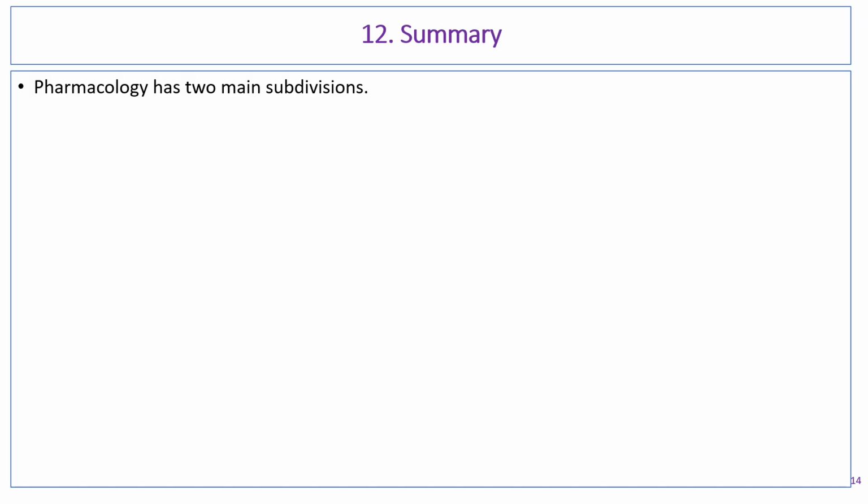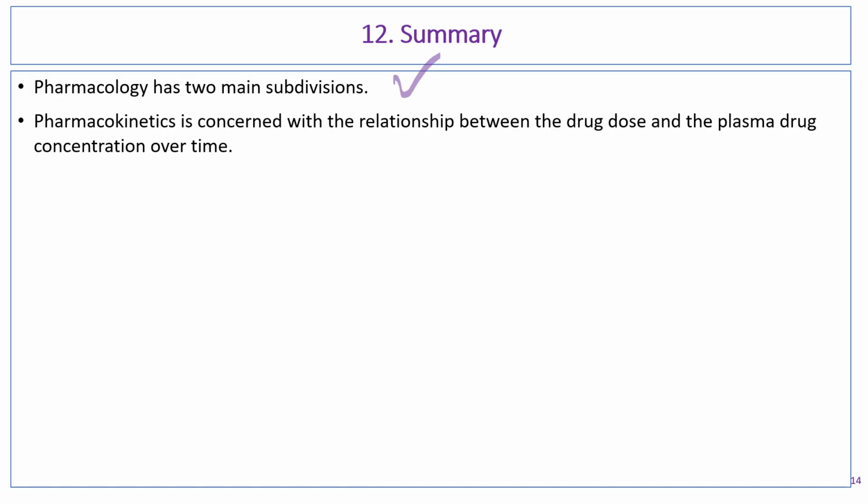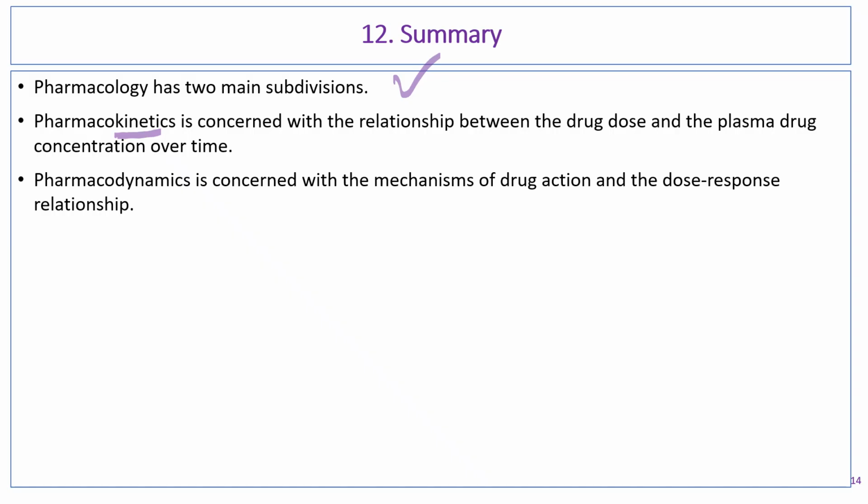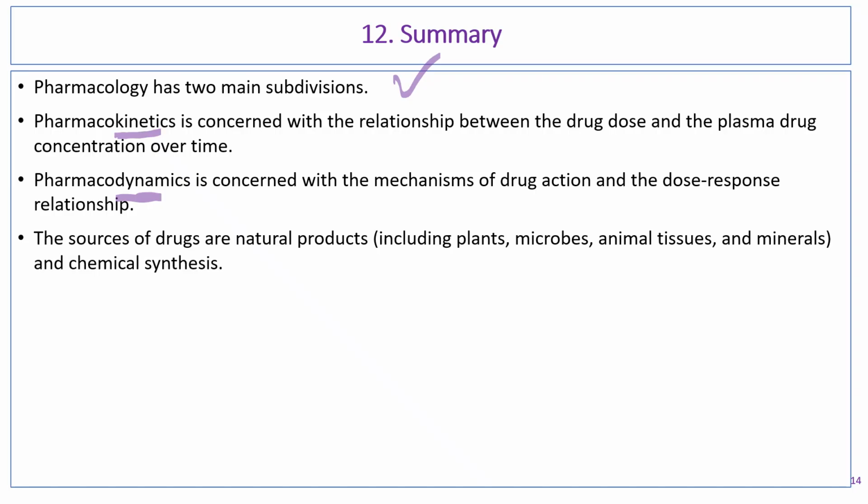In summary, in the last 4 videos, we covered how to remember pharmacology, how to approach pharmacology, and two major divisions: pharmacokinetics and pharmacodynamics. Kinetics means movement in the body: absorption, distribution, metabolism, excretion. Pharmacodynamics means action: mechanism of action, adverse effects, receptors, enzymes, cellular targets.